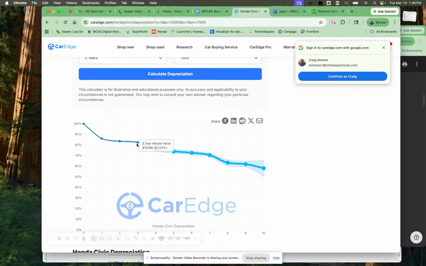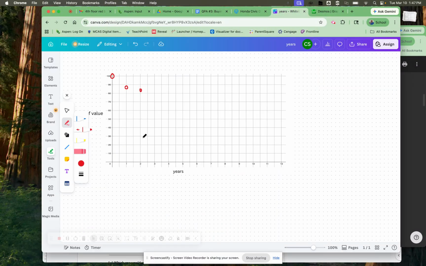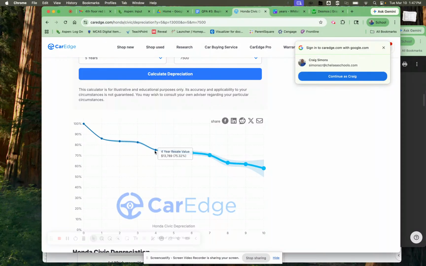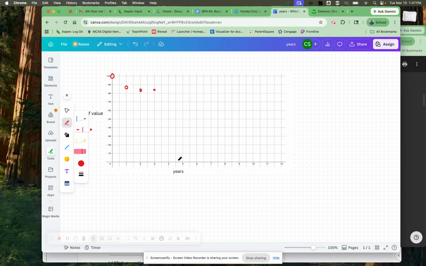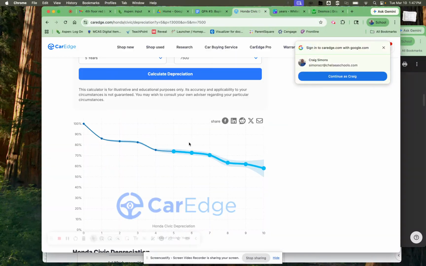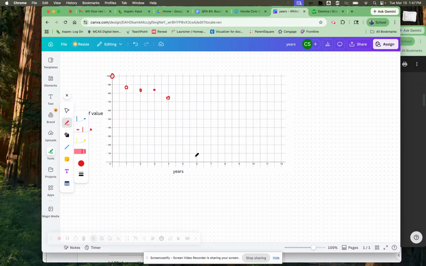Year 3 is 82%. Year 4 is 75%. Year 6 is 72%.